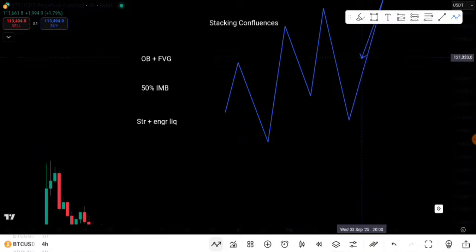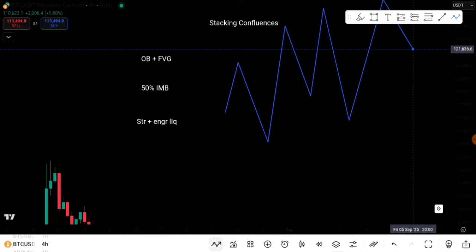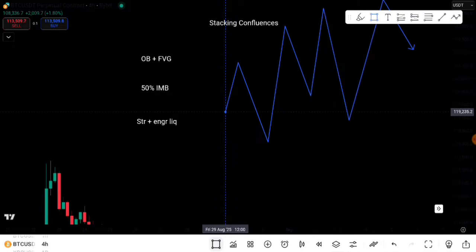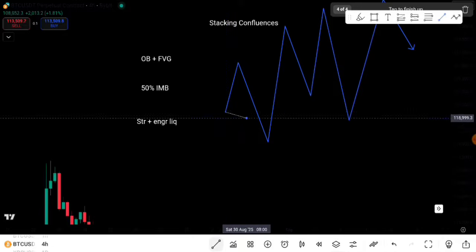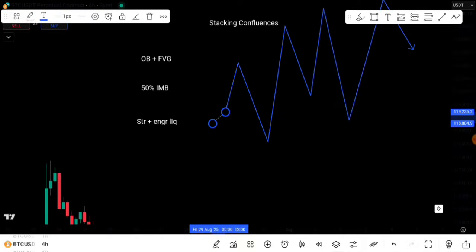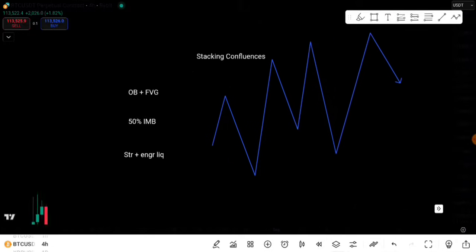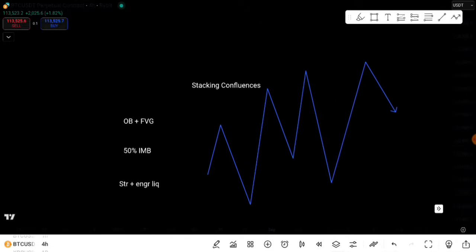This is one of the simplest SMC setups, based on a liquidity sweep, targeting a particular section of liquidity, and the market mitigates it and moves. Let me take this out.